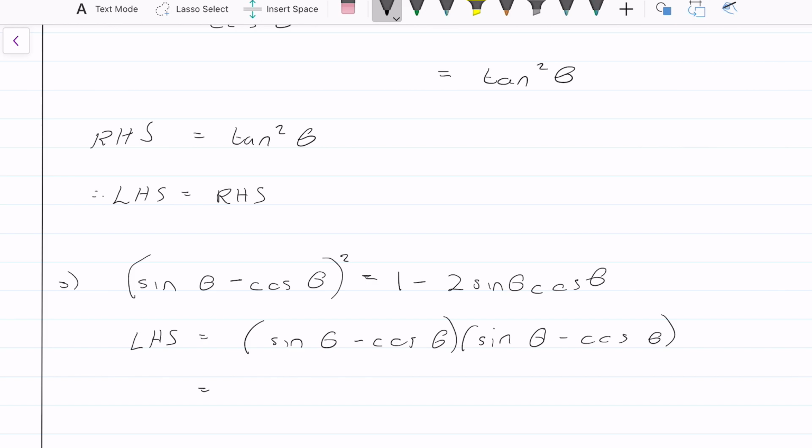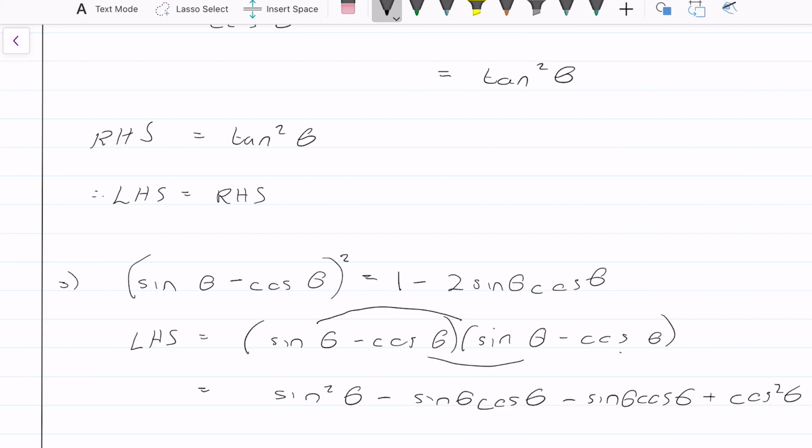Okay, so this is equal to sine squared theta, so multiplying that, and then minus sine theta cos theta, and then minus sine theta cos theta again, multiplying those two, and then minus cos theta times a minus cos theta equals positive cos squared theta, which is equal to sine squared theta plus cos squared theta minus 2 sine theta cos theta.